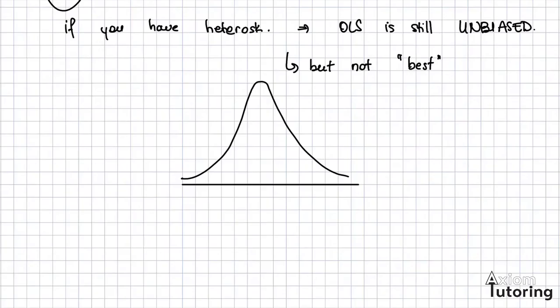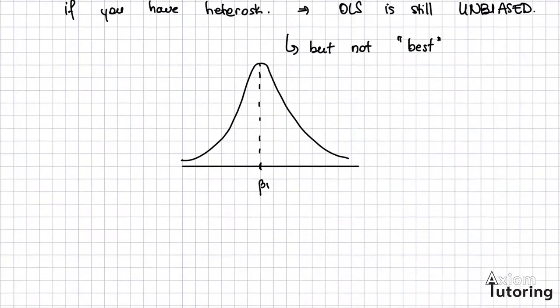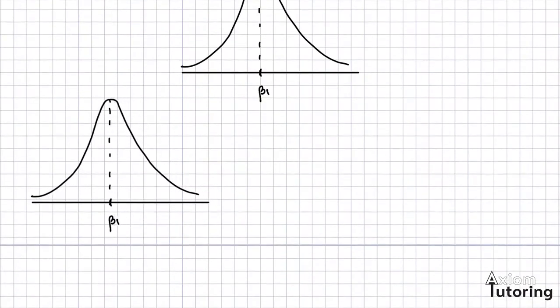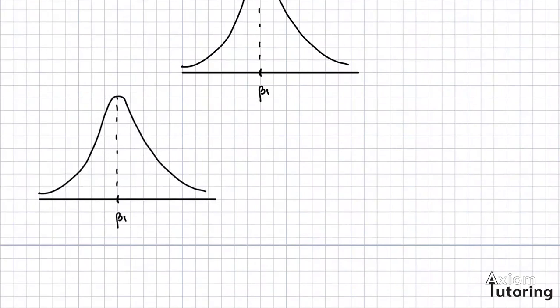And let's say for an unbiased estimator, obviously the mean here has to correspond to the true beta of the population. So what happens when you have an estimator that is biased? It means that on average, it's not hitting the true beta. So you could have something that is identical in terms of distribution, so the variance in there is not changing.